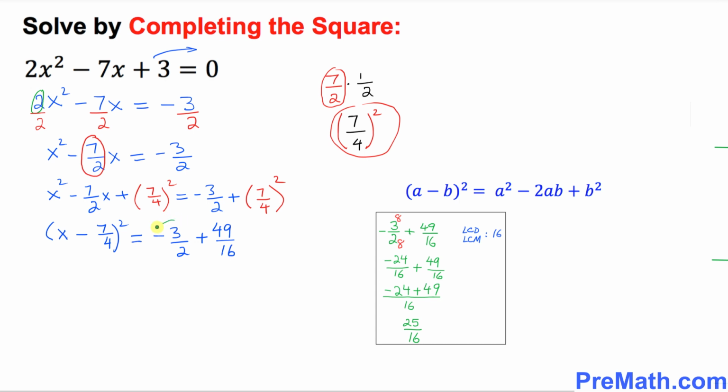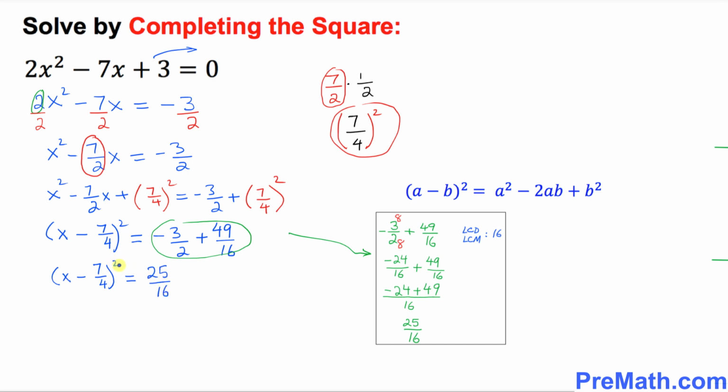Now you can see on the right hand side, I added these two fractions right up here and simplified them, and we got simply 25 over 16. So I can write x minus 7 over 4 squared equals 25 over 16.